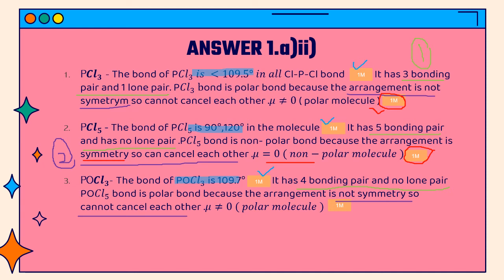Okay, for POCl3 it is not symmetrical, so mu is not equal to 0, so it is a polar molecule, we get 1 mark. So the total for this question is 6 marks.